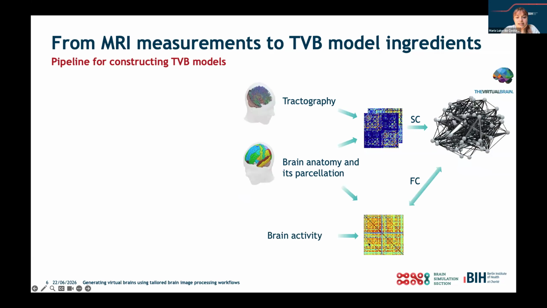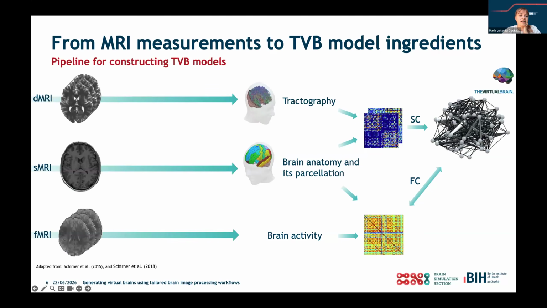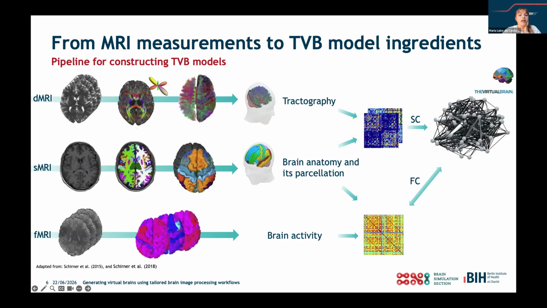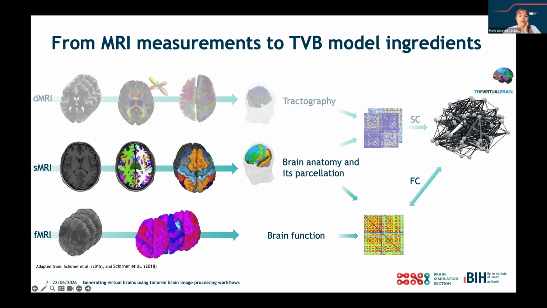More precisely, for example, this region here would show the correlation between brain region I and brain region J. And all of this information we gain out of MRI images, more precisely diffusion, structural, and functional MRI. And today we will talk more about how we compute the functional connectivity.